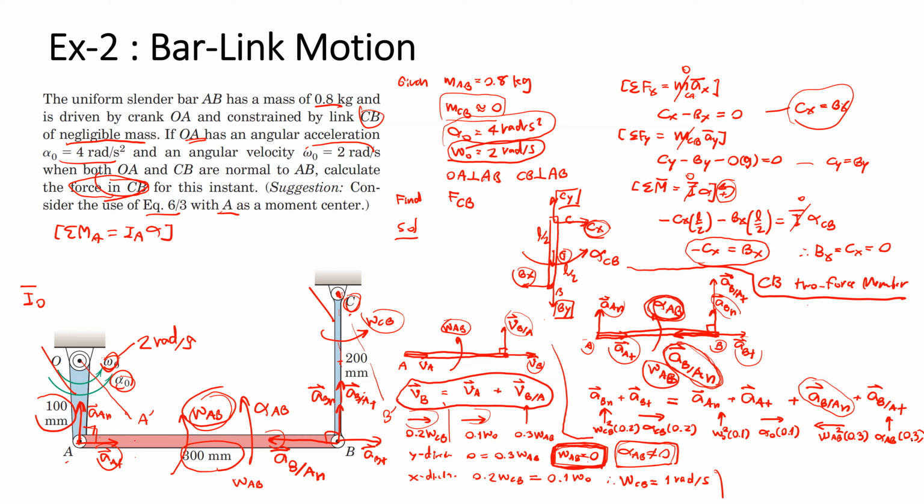By the way, in the previous step, we already know that omega AB is 0, and we know omega CB, right?